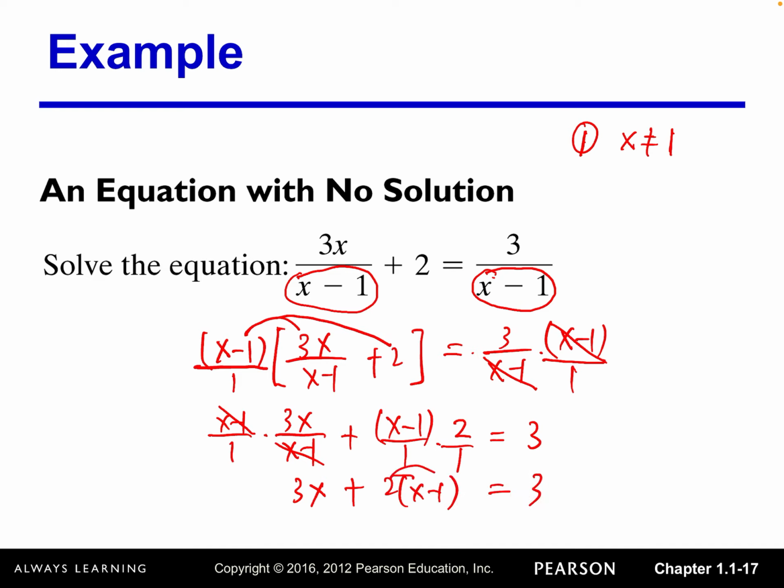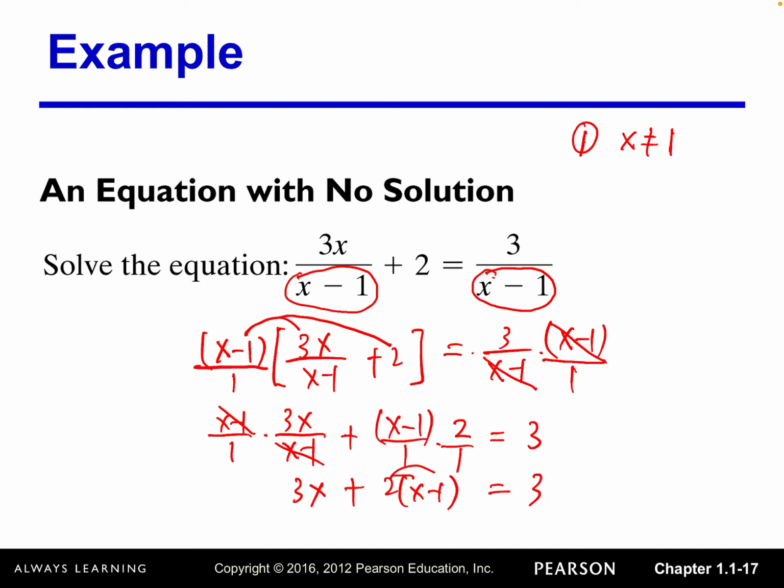So should we conclude x equals 1 is the solution? Okay, question. Should we do that? Remember what we did at the very beginning. When we started solving this equation, we listed the restrictions, right? x cannot equal positive 1. But when we solve this equation, we do get a conflicting statement.